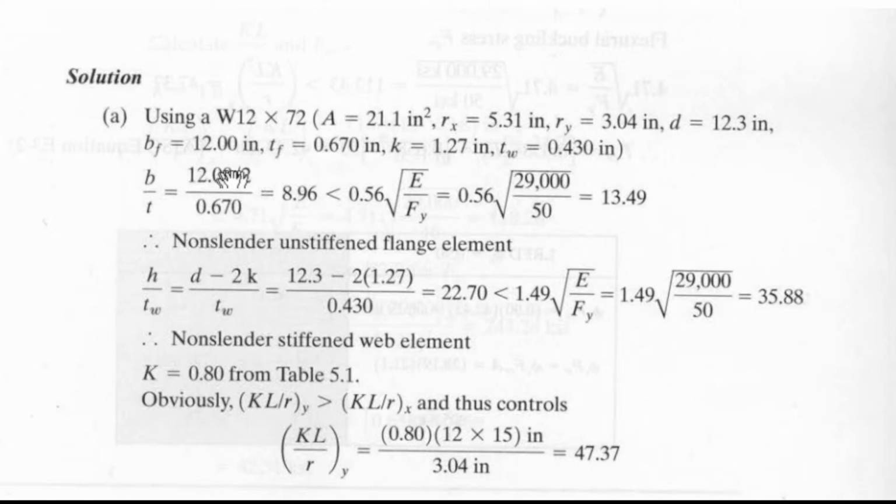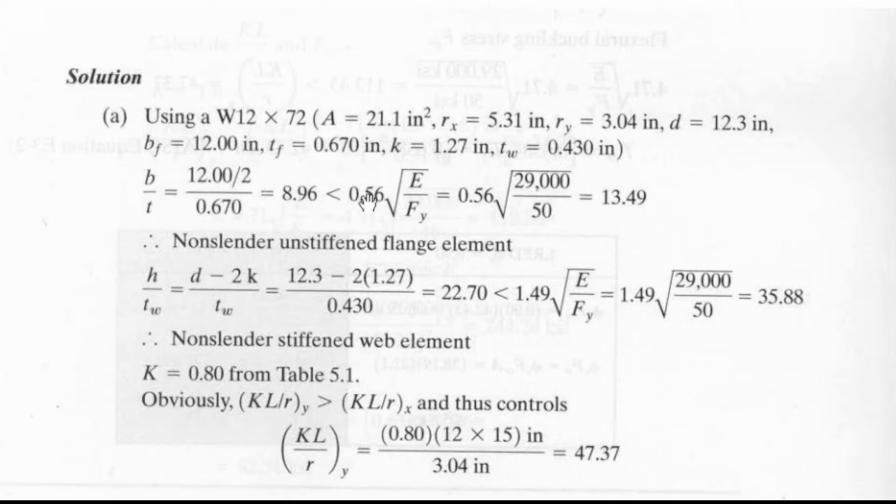So that's why 12 divided by 2. 6 divided by 0.67. Okay? And that equals 8.96, which is less than square root of E over Fy times 0.56. So we have 13. So therefore less than.